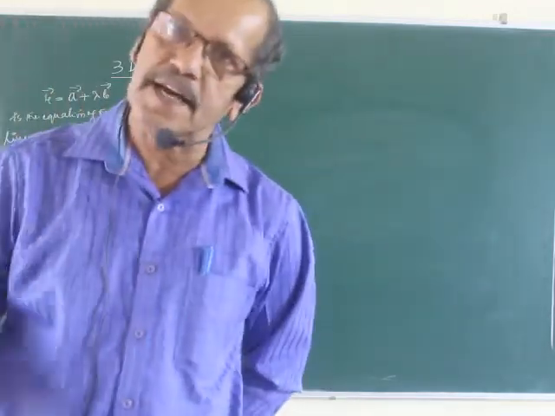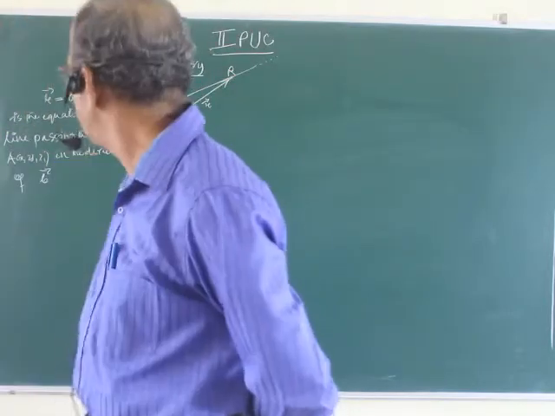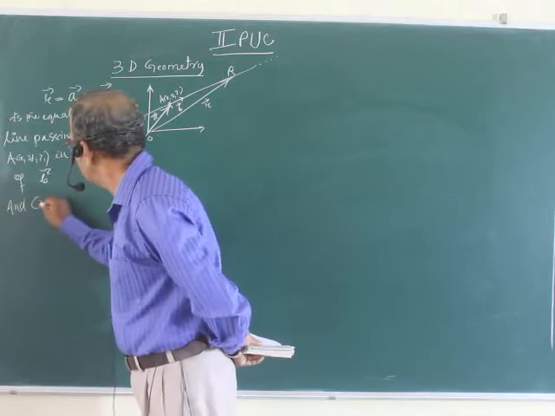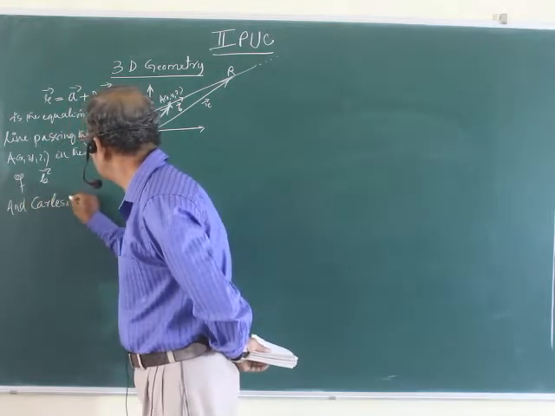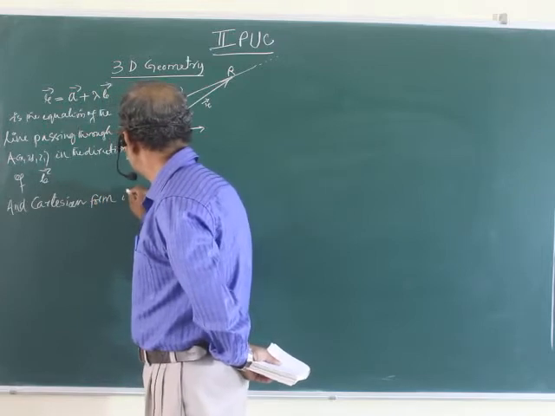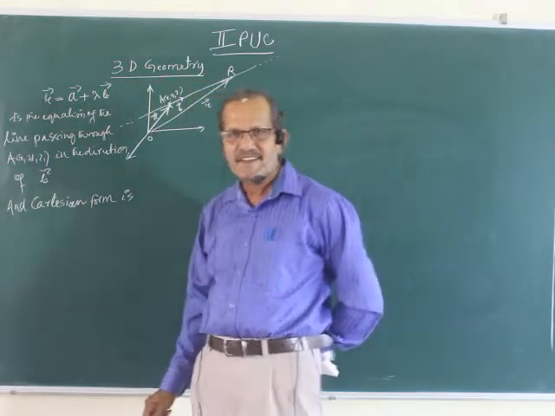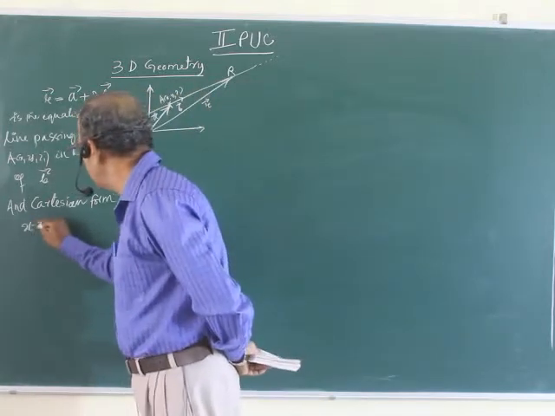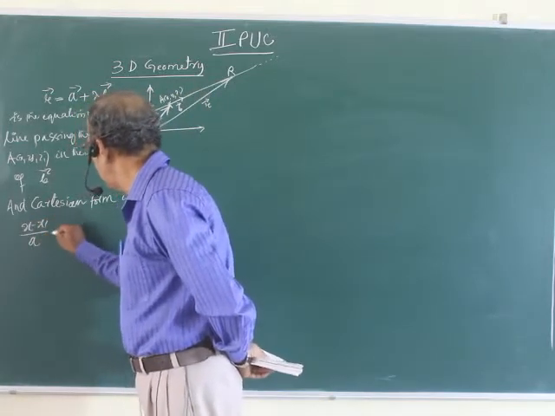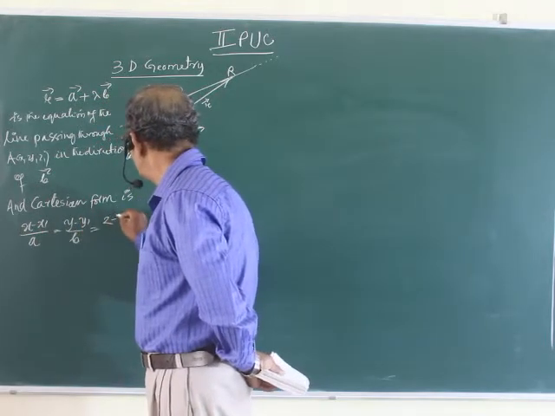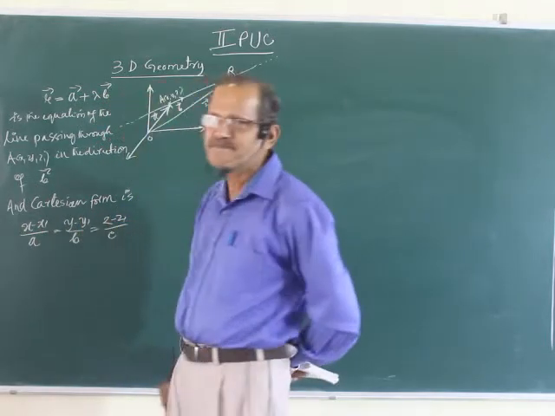Let me recall the definition of the straight line in Cartesian form also. Do you remember? It is (x minus x1) by a, (y minus y1) by b, (z minus z1) by c.